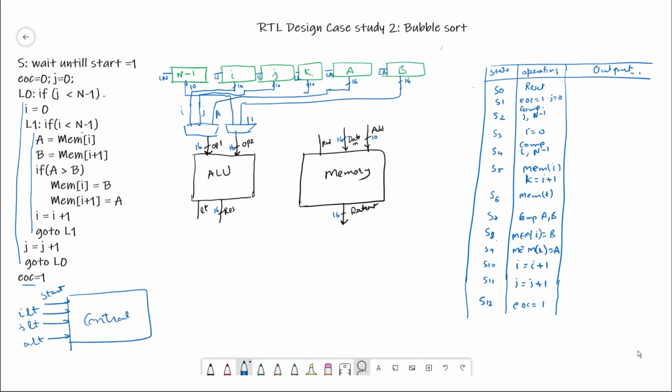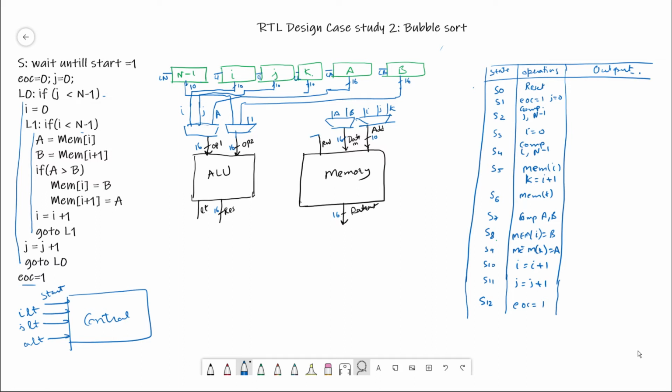Now similarly for the read write signal, this will come from the control. Data in could only be either A or B. There are only two possibilities. For the address, the possibilities are only 3: I, j, or k.